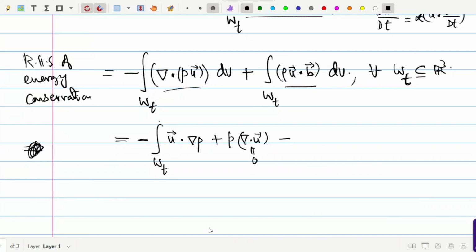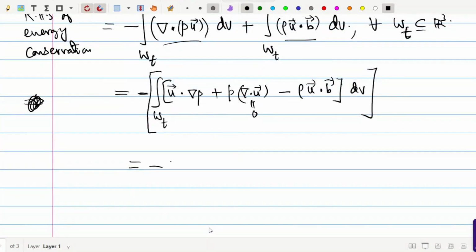And this becomes minus. This time I take the minus for both of them. So this minus, this also if you include, so this is simply rho U bar dot B bar dV. So what you have is minus WT, U bar dot grad P, minus rho U dot B bar dV.